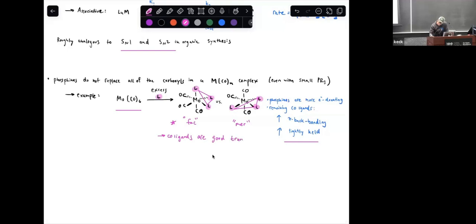Trans influencing, or trans-affecting ligands, yeah. So what does that mean? It means that generally ligands will exchange trans to where the CO ligand is because it's a good trans-affecting ligand. Aha, perfect.